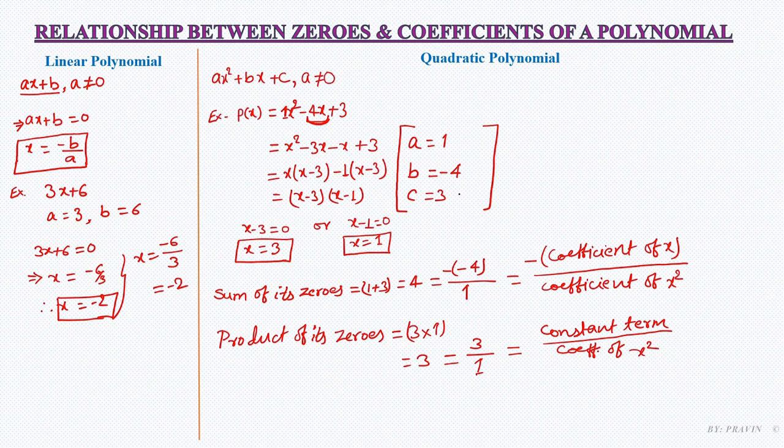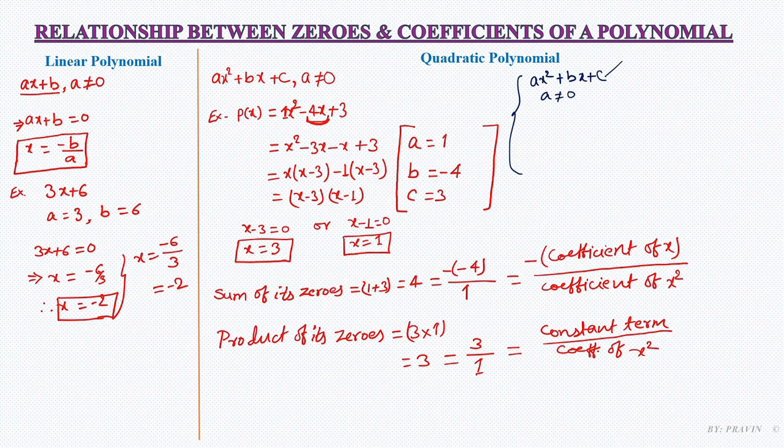To make a generalized form of the sum of zeros of a quadratic polynomial and the product of its zeros, what you can do is, I am writing here in a separate box. Say you have ax square plus bx plus c, where a can't be 0.